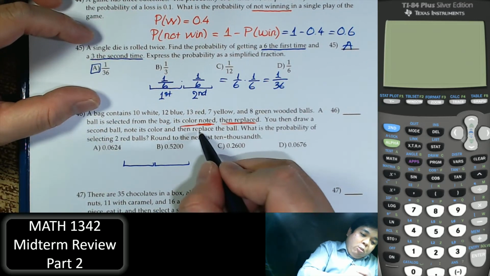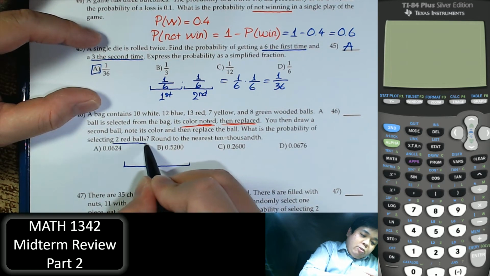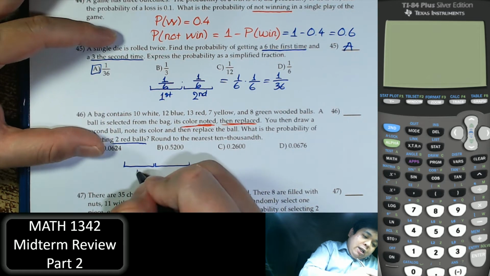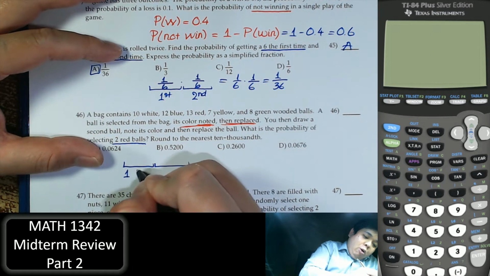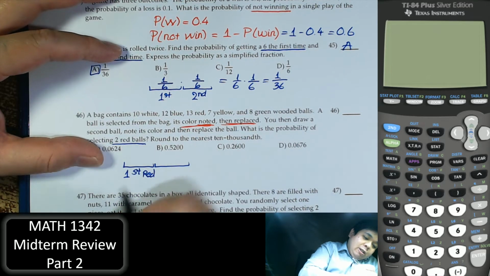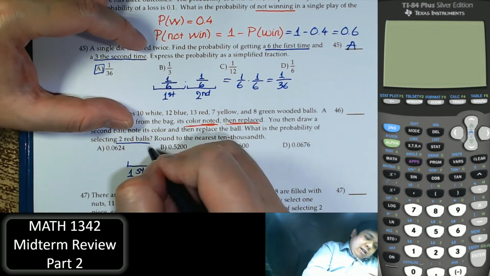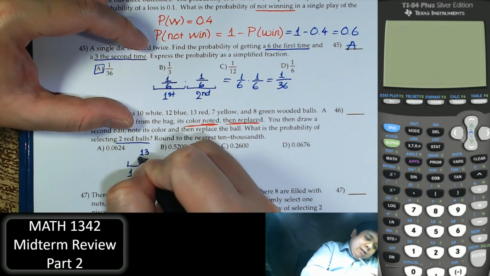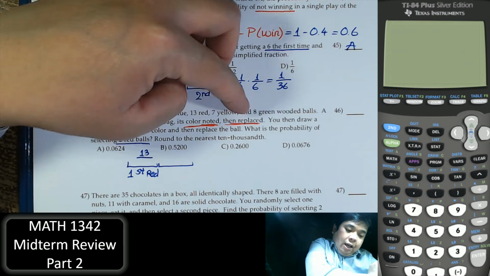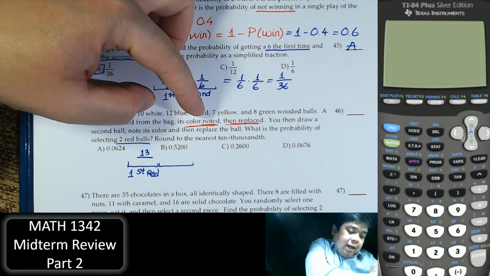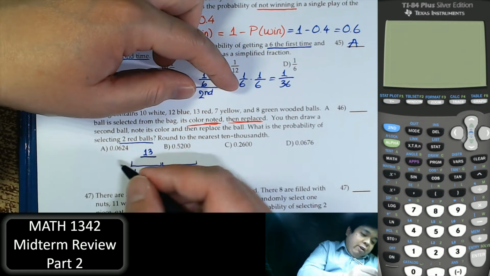So we want the probability of getting two red balls. For the first red, there are 13 red out of 50.